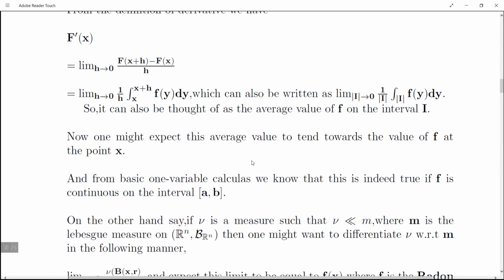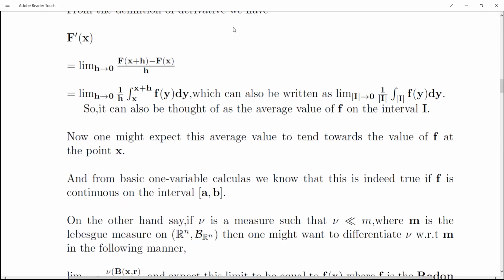Right. So what you expect is that this average value will tend to the value of f at the point x, isn't it? At least you know that if your function f is continuous, then this value will obviously tend towards the value of f at x. Because whenever you go close to x, f(y) will be approximately equal to f(x), and the length of this interval is h.